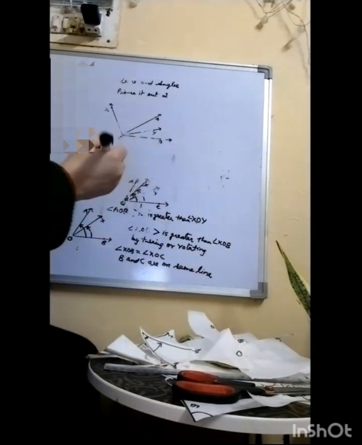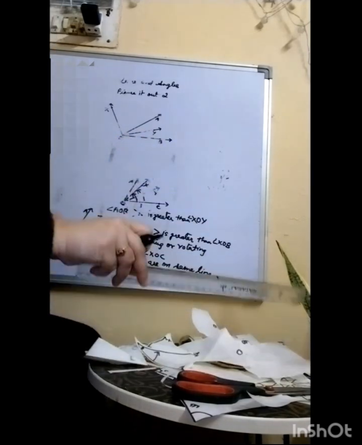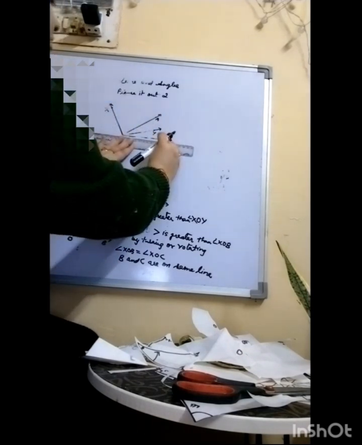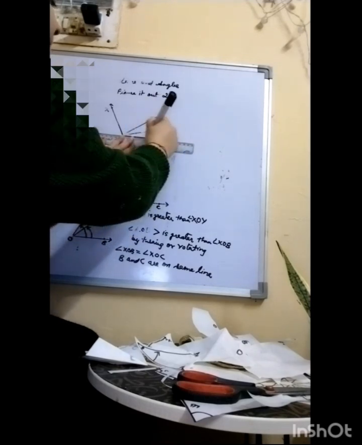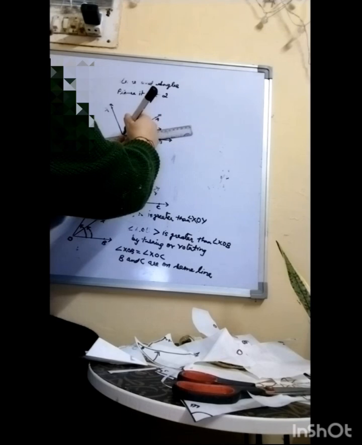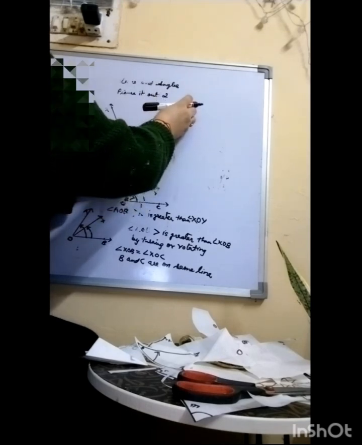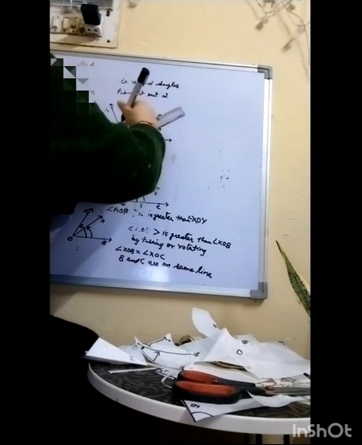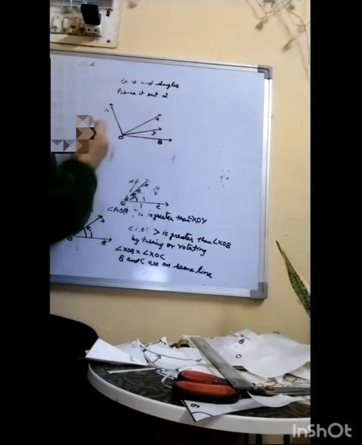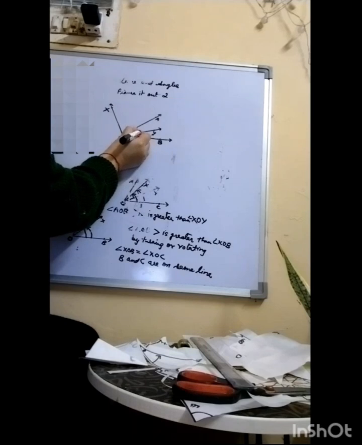So you can also write this, that this was our original figure. Turning from OB to OA is much smaller than turning from OY to OX.